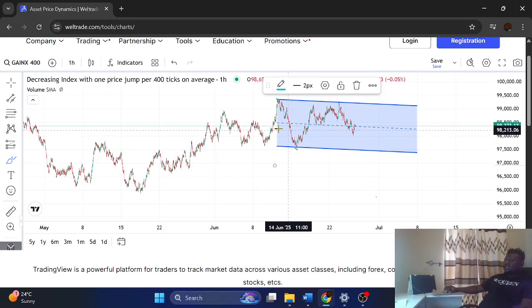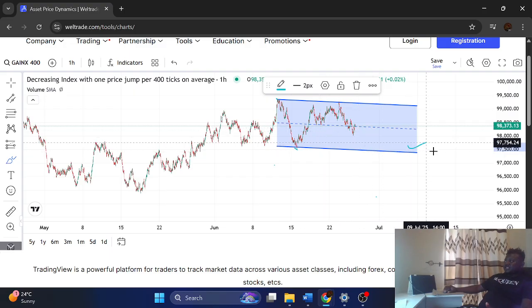So this line here is the 50%, which divides the premium zone and the discount zone. So this also divides the trend. If we were looking to buy, our market should have ranged in our discount zone.